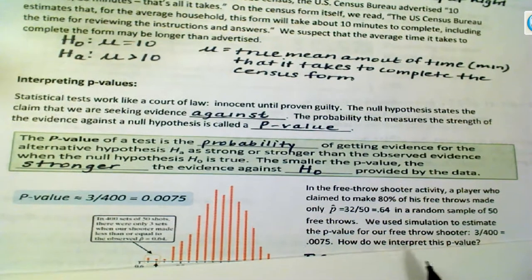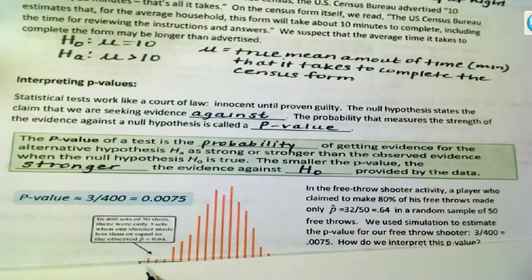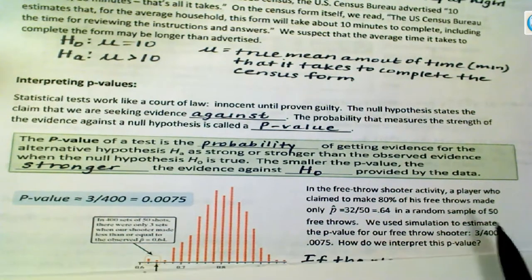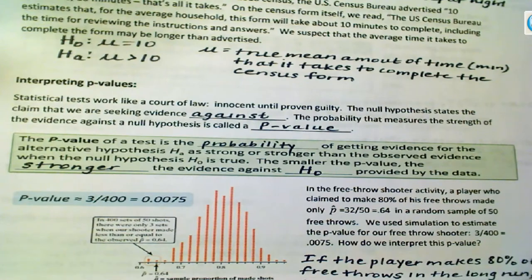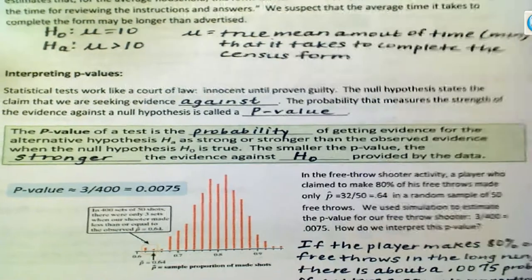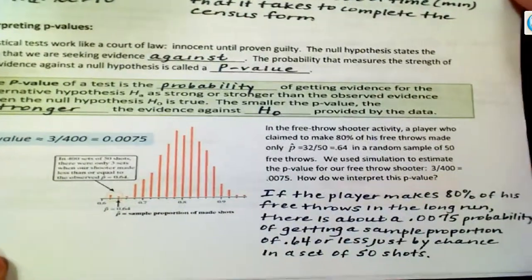So your question may be, how could someone who claims to have an 80% free throw average make a 0.64? Okay, so what does this say? How do we interpret this p-value? This is one thing that you've got to know how to do.